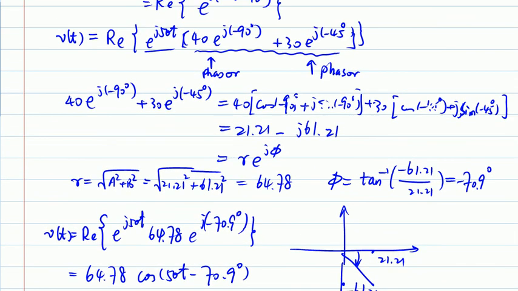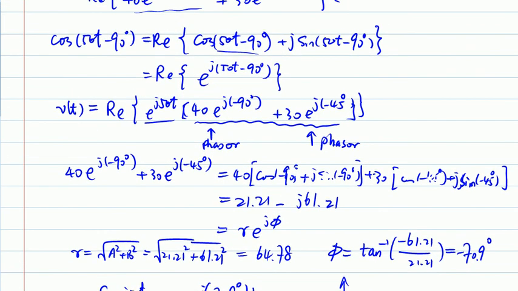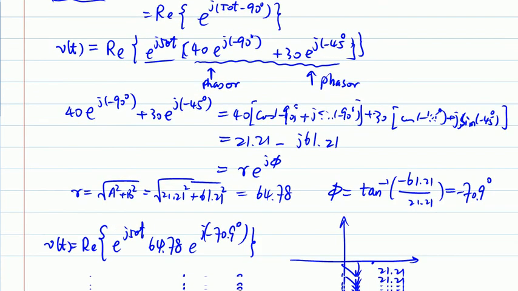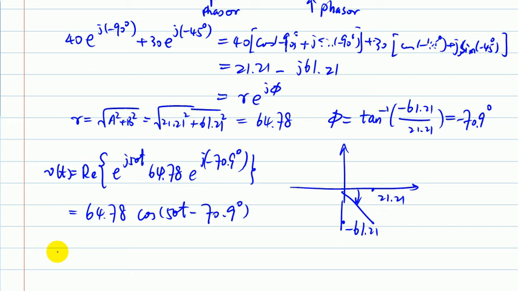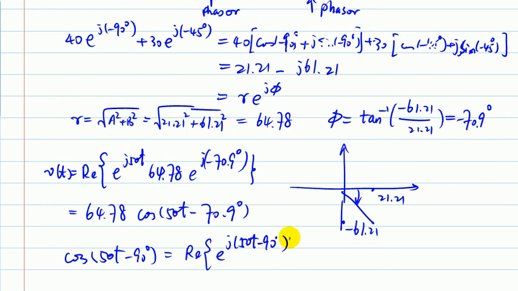The first function is here, cosine 50t minus 90. Let's take a look at each one of them. So cosine 50t minus 90, and we said it's the real part of 40 e^(j50t) e^(-j90).